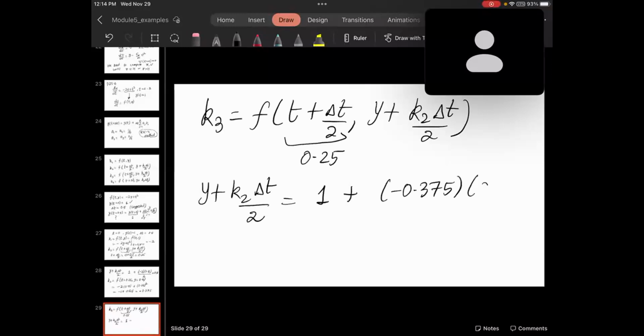Delta t is 0.5 divided by 2. So we need to calculate this. You can punch it in your calculator and tell me. 0.375 times 0.5 divided by 2. That gives 0.90625, or 0.9063. Am I correct?